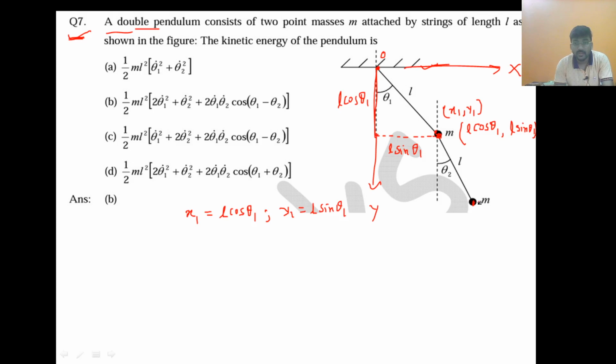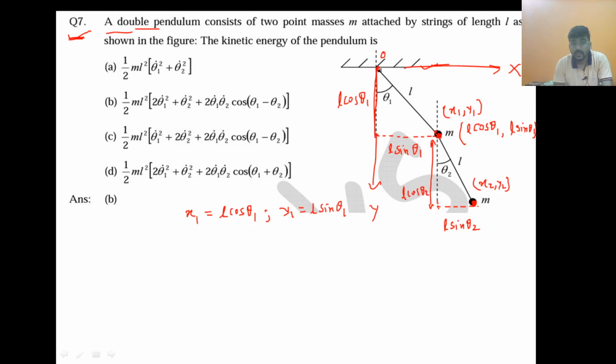Now if we assume the coordinate of this point is x2 comma y2, then again if we draw a perpendicular here, as this is L and this is theta 2, it will be L sin theta 2 and this portion will be L cos theta 2.